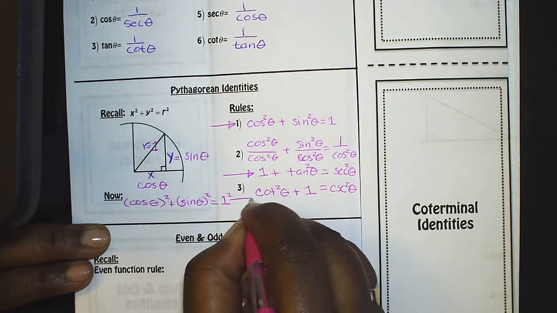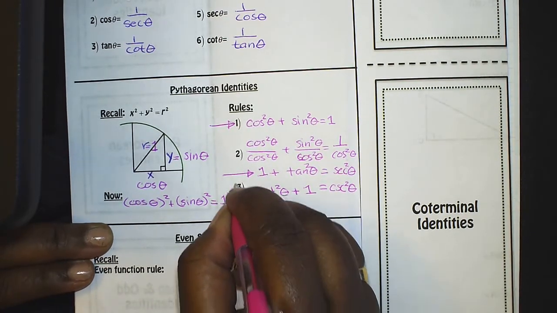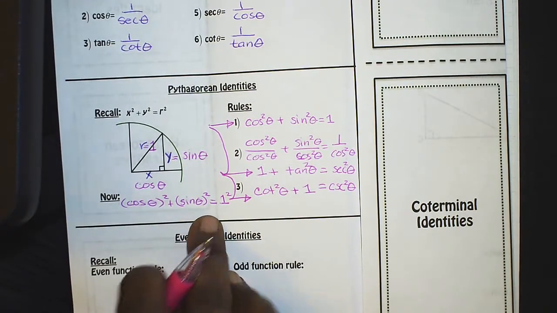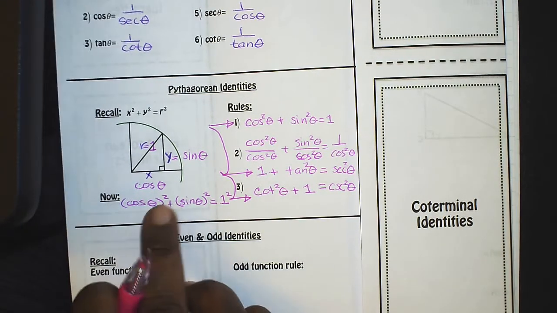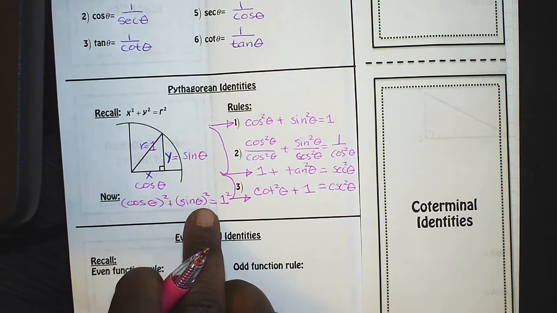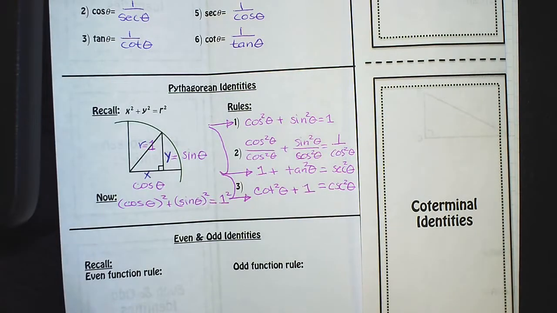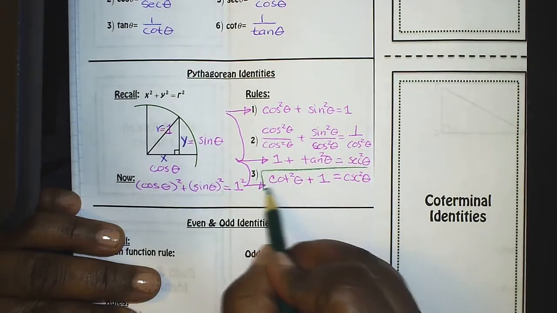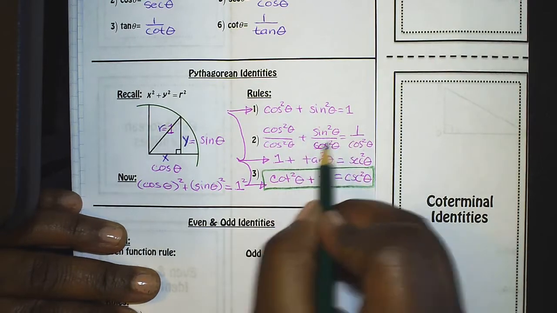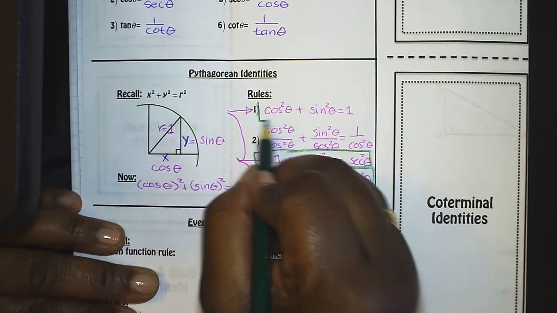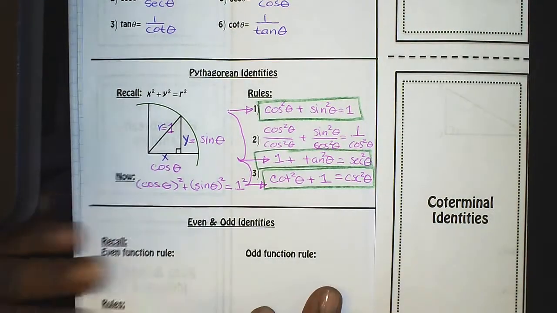So we got our 3 rules from this: cosine squared theta plus sine squared theta equals 1 squared. So we have our 3 Pythagorean identities just from this identity, right?